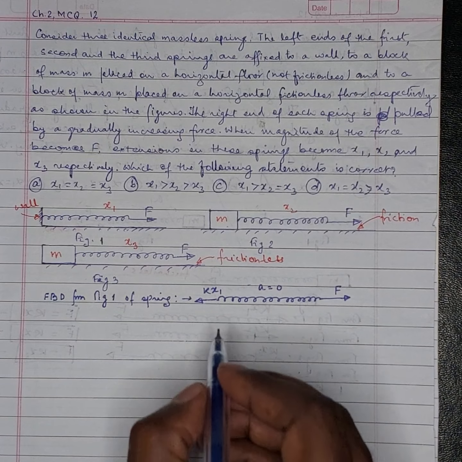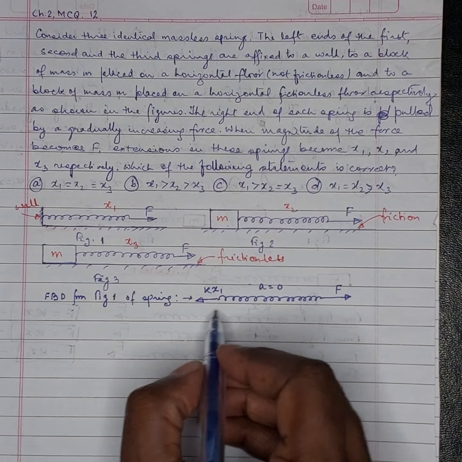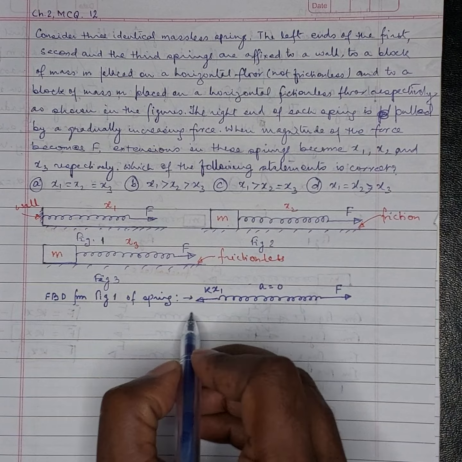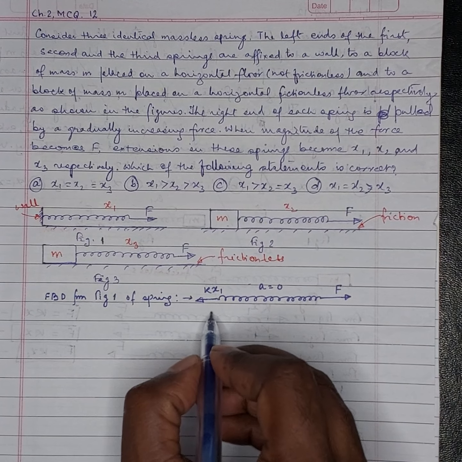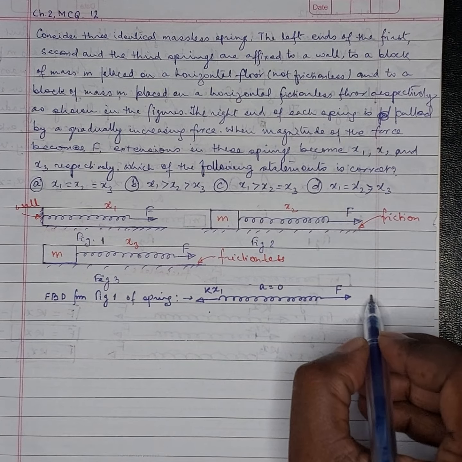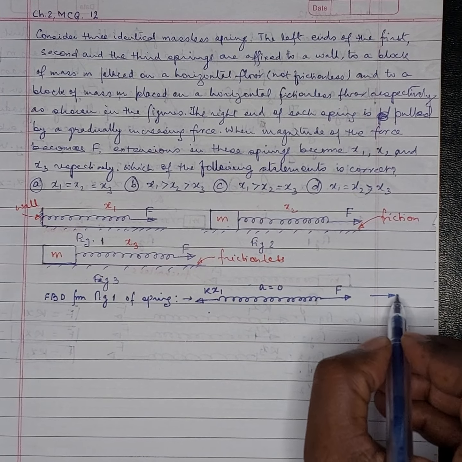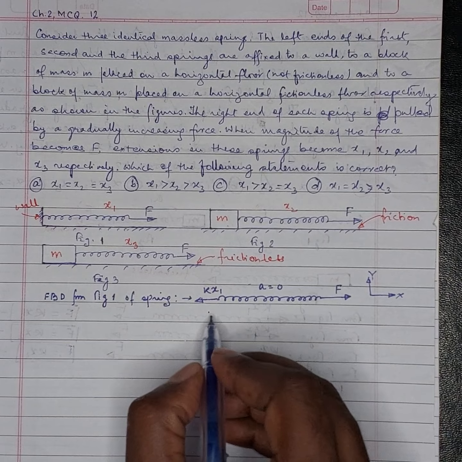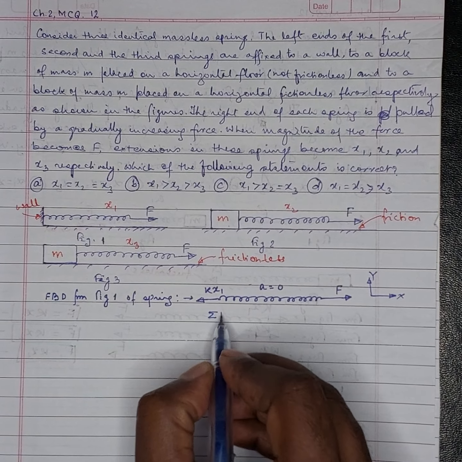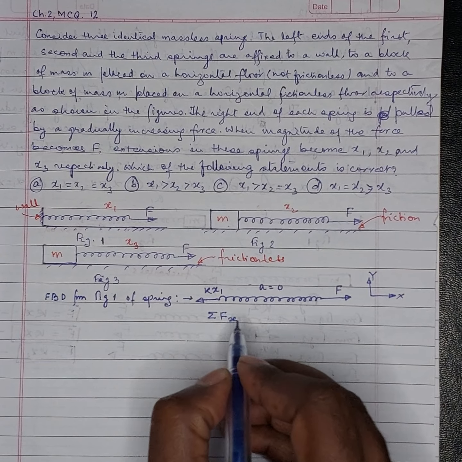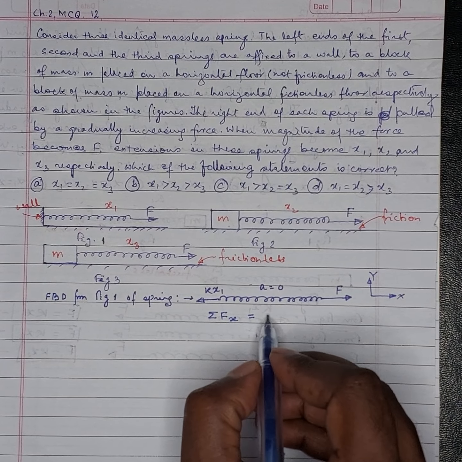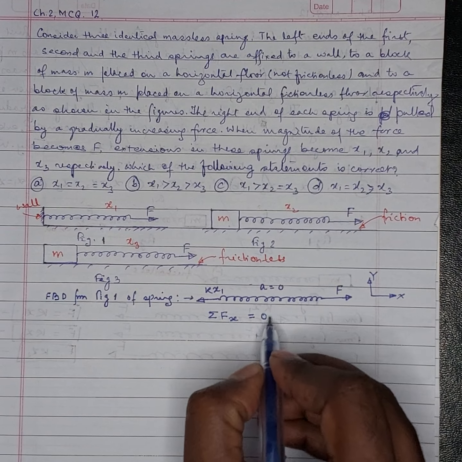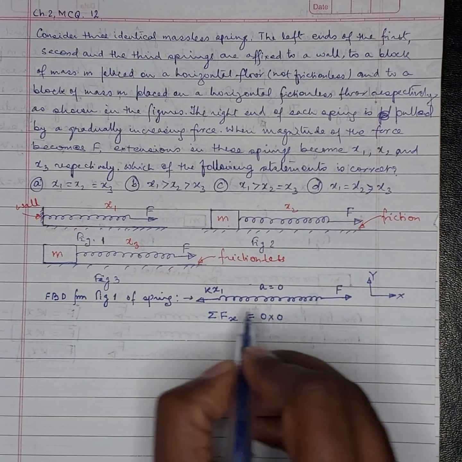So from here you can write Newton's law of motion. If this is the x-axis, this is your y-axis. So summation of Fx is equal to the mass of the spring, which is 0, times the acceleration of the spring in the x direction, 0.